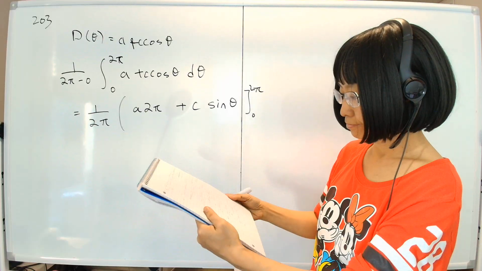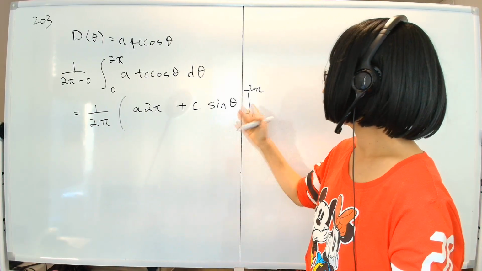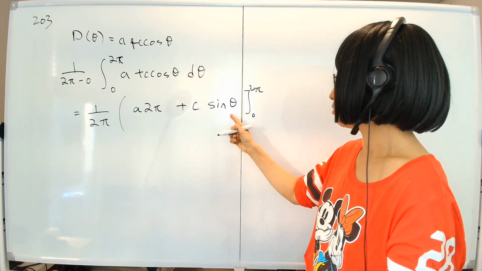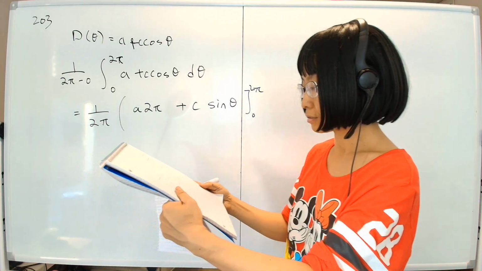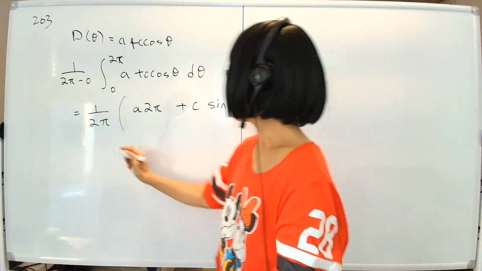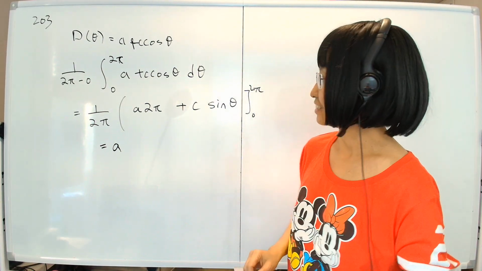Now from 0 to 2 pi, this value will be 0, because sine of 0 is 0, and sine of 2 pi is 0. So the answer is just a. And that should be the right answer.